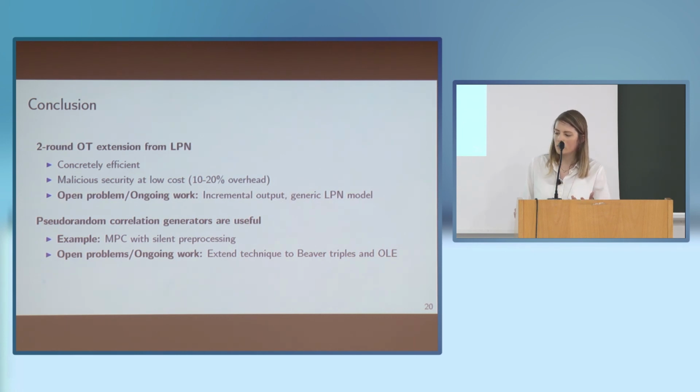And also in this direction, can you extend the techniques that I presented to more generally and efficiently generate Beaver triples or oblivious linear evaluation or other correlations that are interesting for applications? And yes, that's all I have to say. Thank you very much.